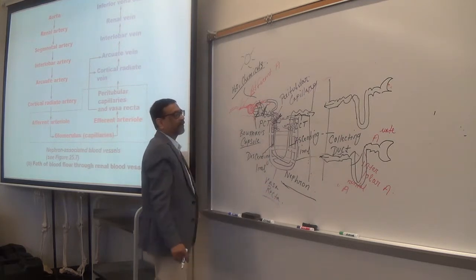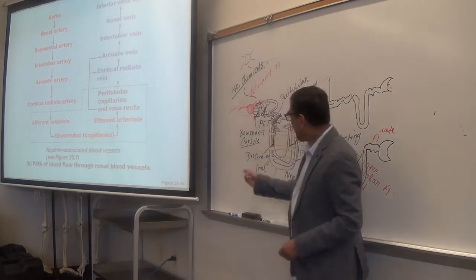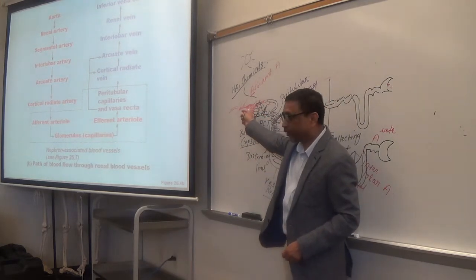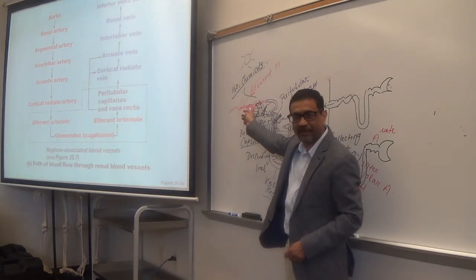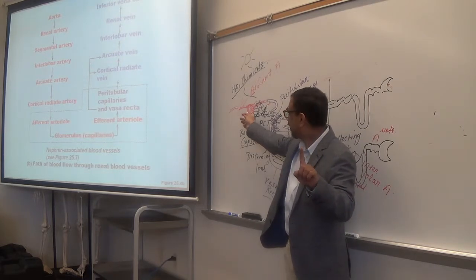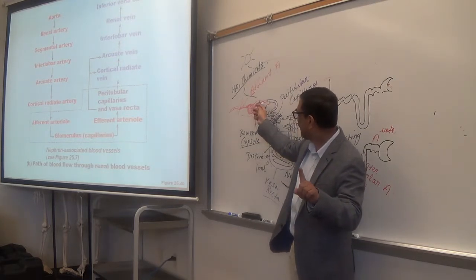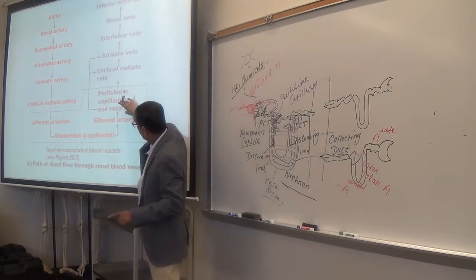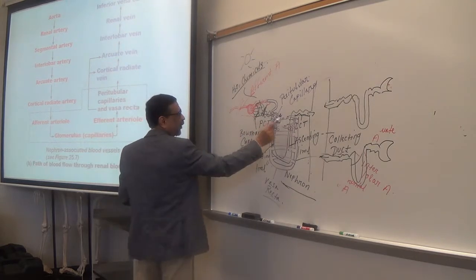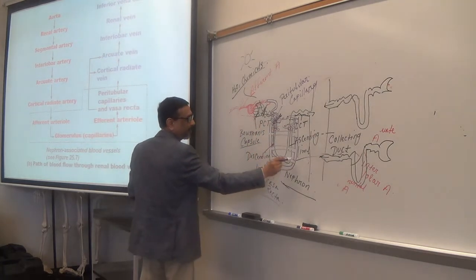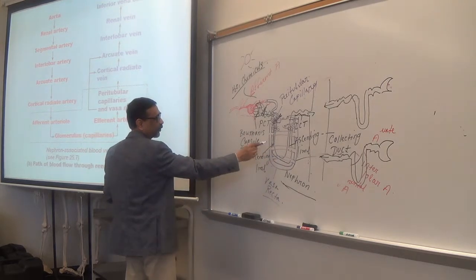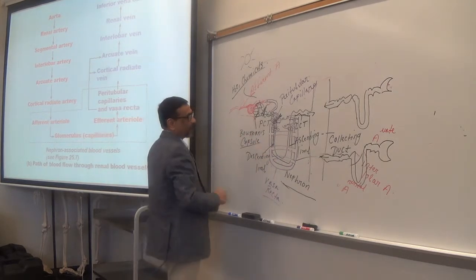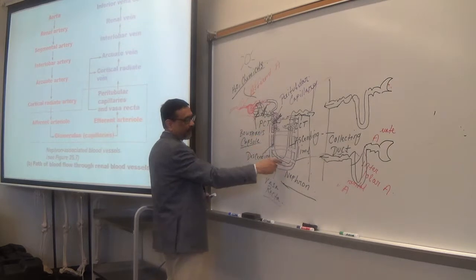So these are 3 sets of capillaries now you got. You see the tuft of capillary is called glomerulus, makes sense? Where filtration occurs, right? And then efferent arteriole. From efferent arteriole we get 2 types of capillaries, peritubular capillaries and vasa recta, which looks like a ladder, okay, and runs along the loop of Henle.